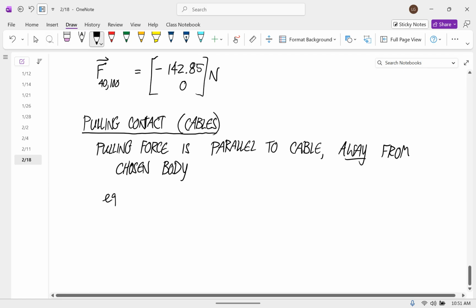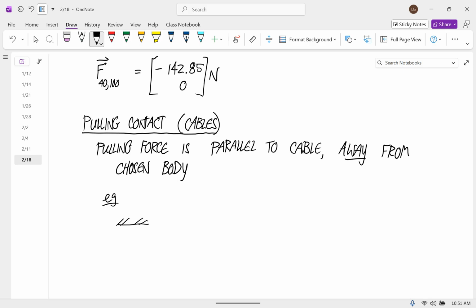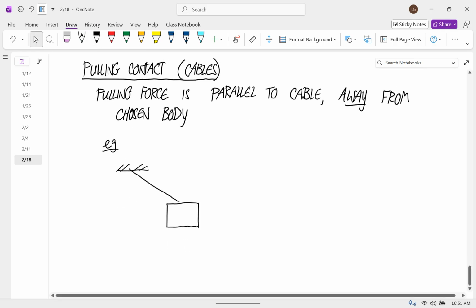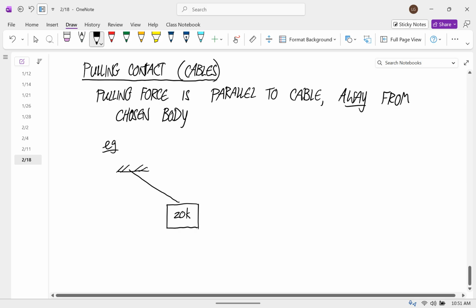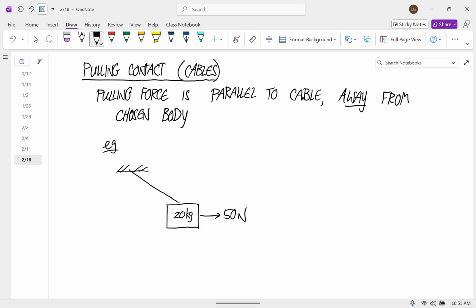So, for example, if you have a cable connecting an object to the ceiling, then a free body diagram of this object would look like this. Coming from the center, you have 20 times 9.81, so that's 196.2 newtons.